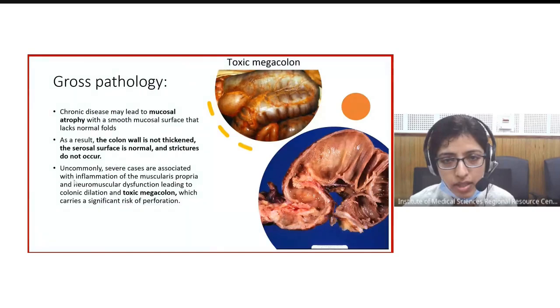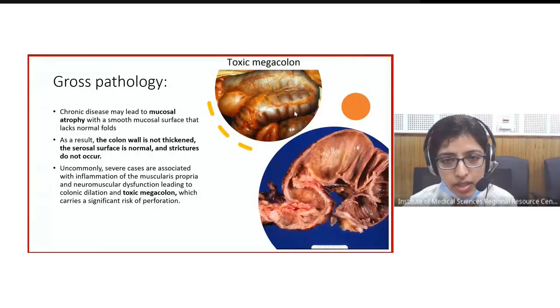Uncommonly, severe cases are associated with inflammation of muscularis propria and neuromuscular dysfunction that results in colonic dilatation, which is called toxic megacolon. So you see how this is almost a balloon-like distension of the colon. This is what is called toxic megacolon, because this may occur because of neuromuscular dysfunction.